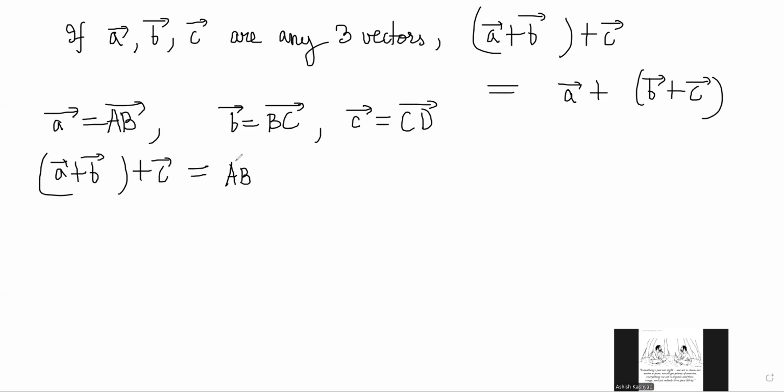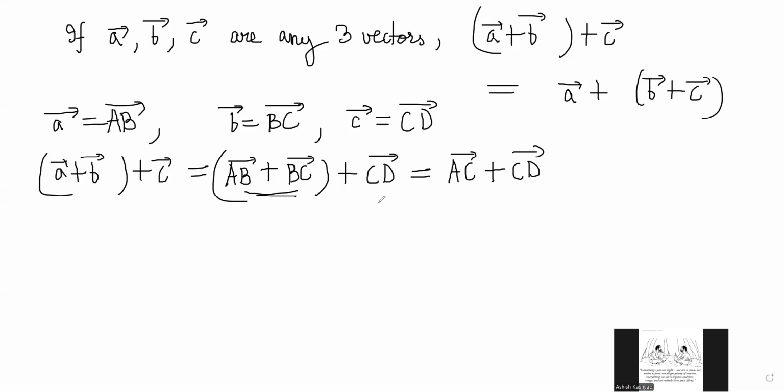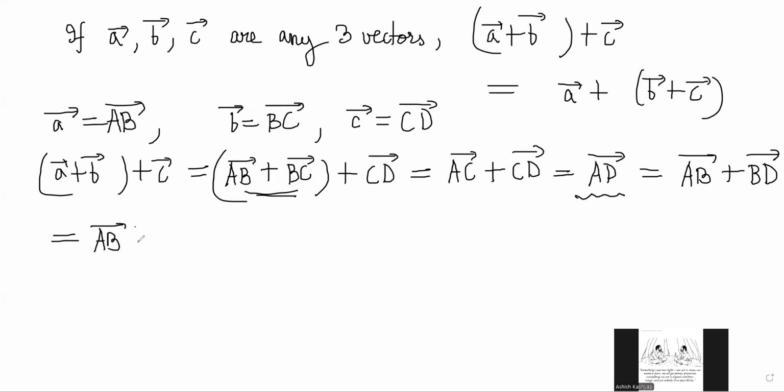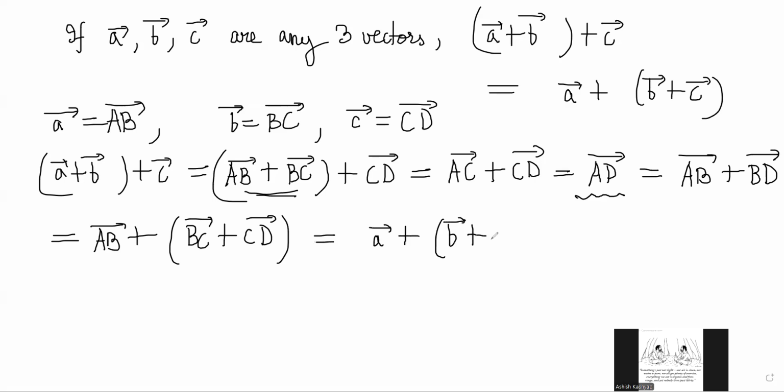That is basically AB vector plus BC vector plus CD vector, and that is equal to AC vector plus CD vector, because AB plus BC will be AC. And now AC plus CD is clearly AD vector, right? However, this AD vector can also be written as AB plus BD vector, right? And now we can keep the AB as it is and split the BD as BC plus CD, and therefore now you're getting it as A plus, B plus C.